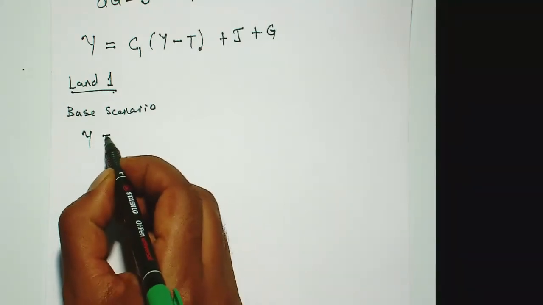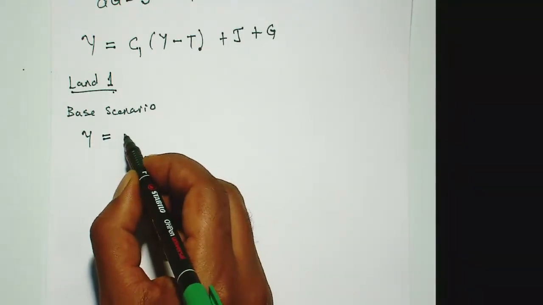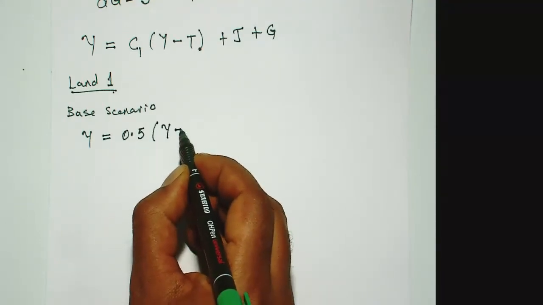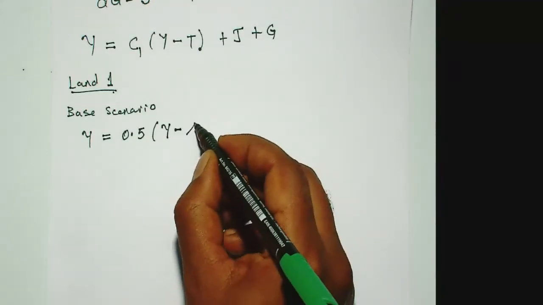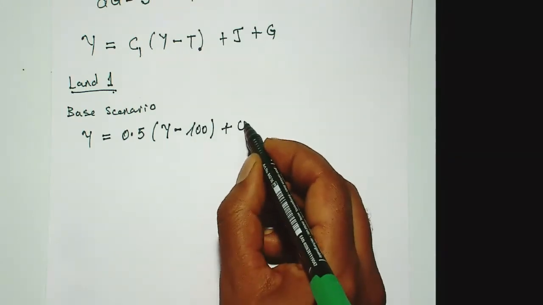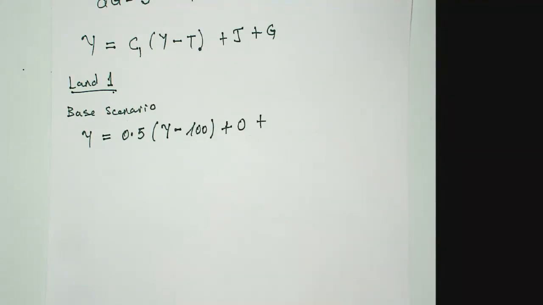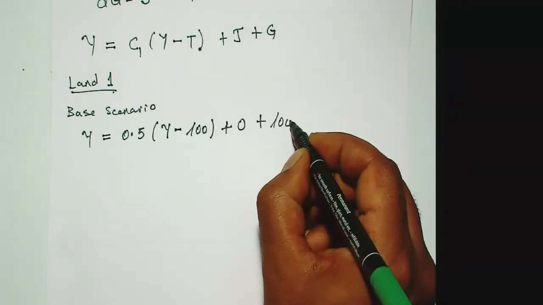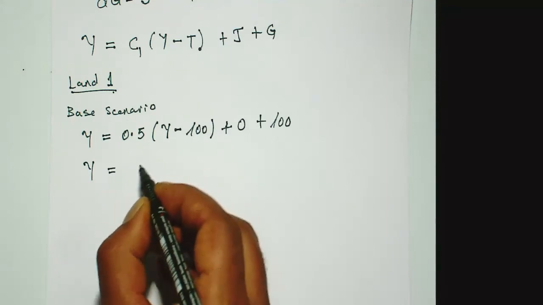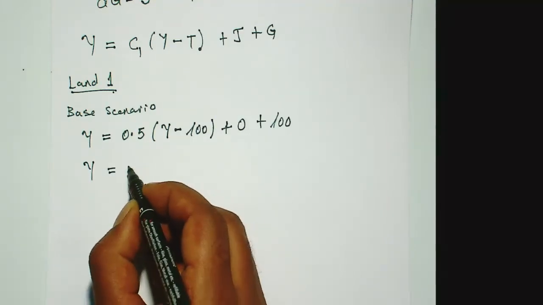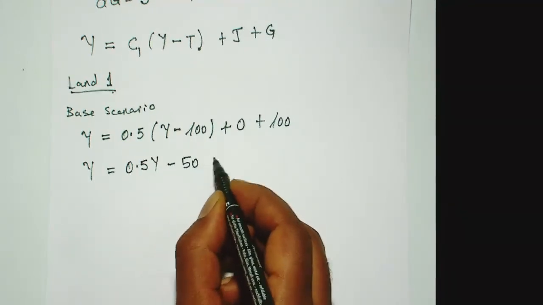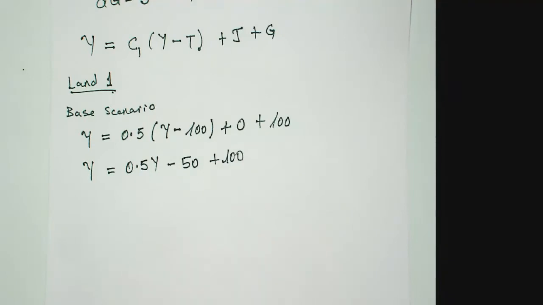So we had Y, and C1 is given to be 0.5, and we don't know Y, minus tax is given to be 100. We don't have any investment, so I would take 0, and our government expenditure was 100. If I get rid of the bracket in the right-hand side equation, I would have 0.5Y minus 50 plus 100.